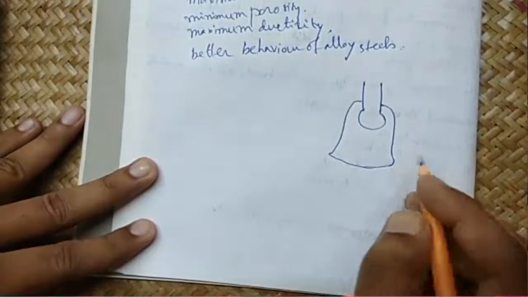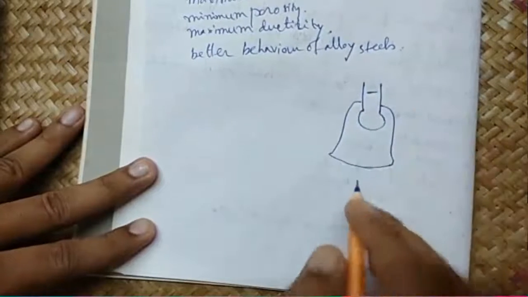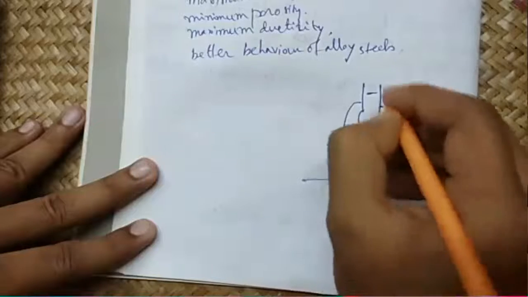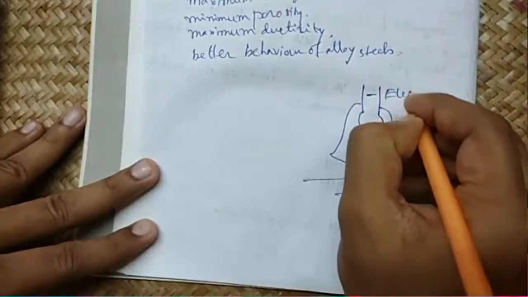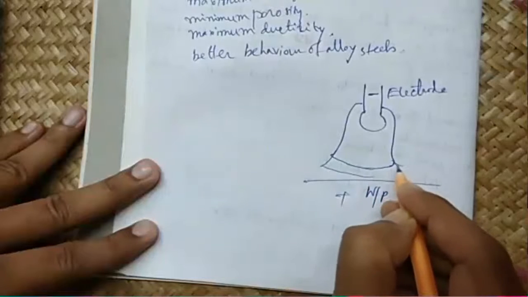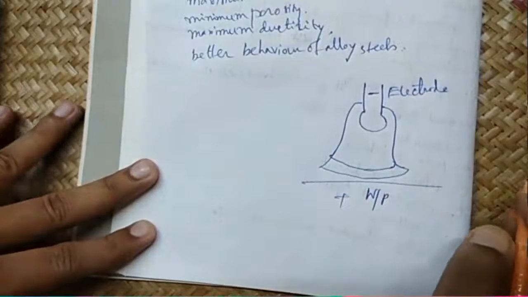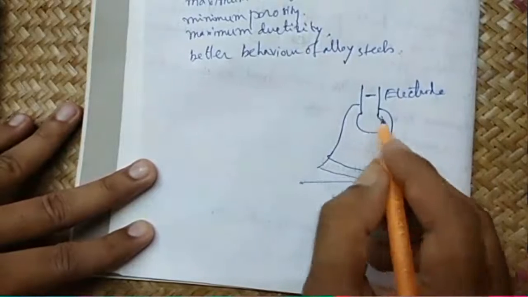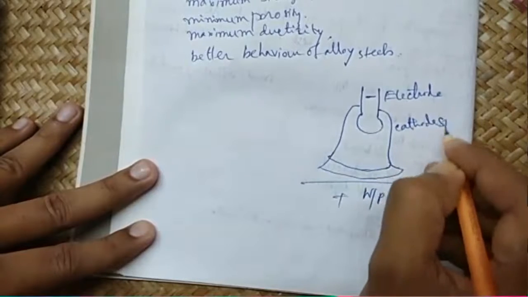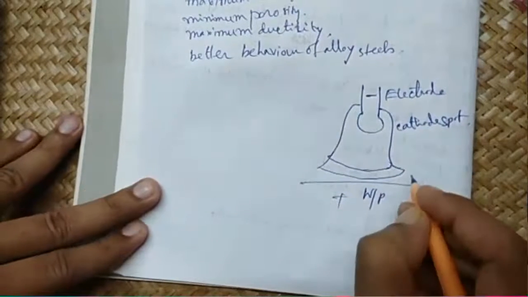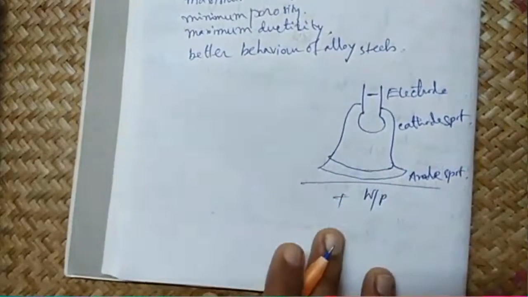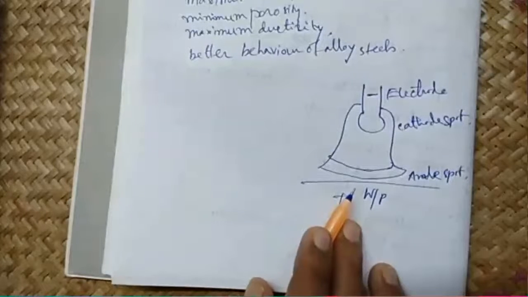If this is electrode negative and your job is positive, it takes a shape like this, where the area near the cathode is called the cathode spot, and the area near the anode is called the anode spot. If you produce a good arc, the arc will take the shape of a bell.